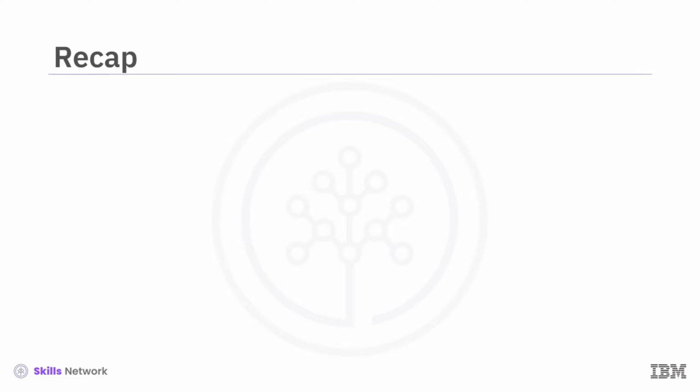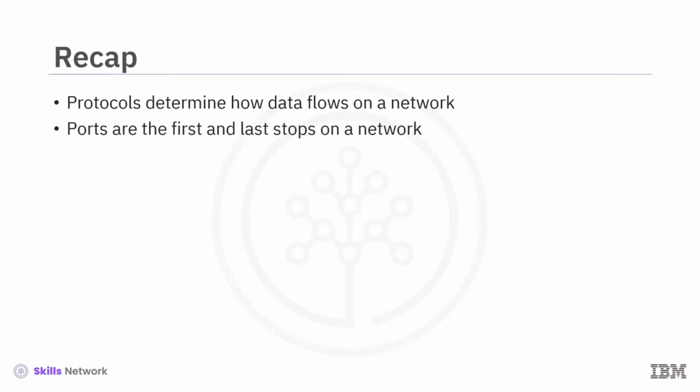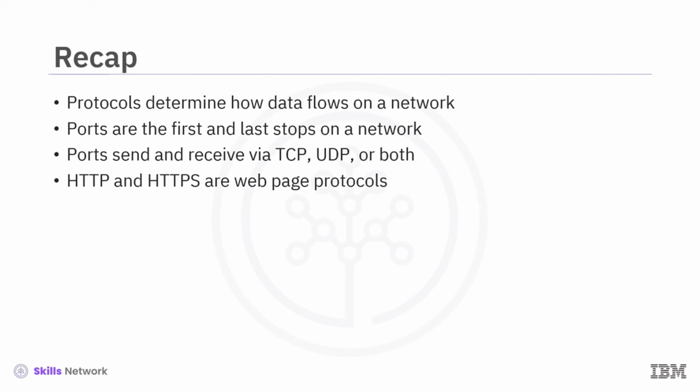In this video, you learn that protocols determine how data flows on a network. Ports are the first and last stops on a network. Ports send and receive via TCP, UDP, or both. HTTP and HTTPS are web page protocols.